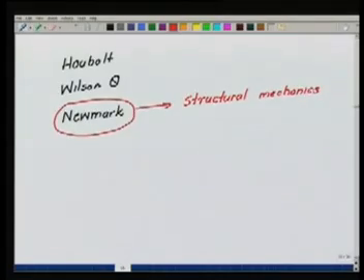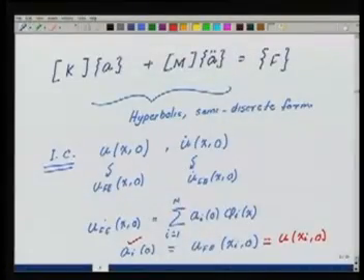Now you see that whatever be the scheme, the system that we had obtained here will have its own features with respect to time. What kind of features? The solution with respect to time is going to be oscillatory. If I think of it as a spring mass system, this is the spring, this is the mass.